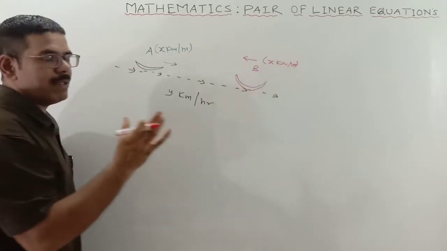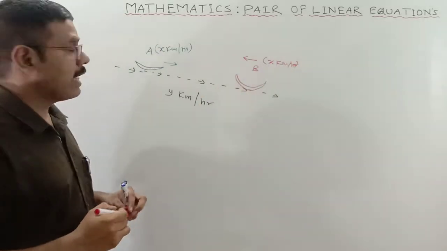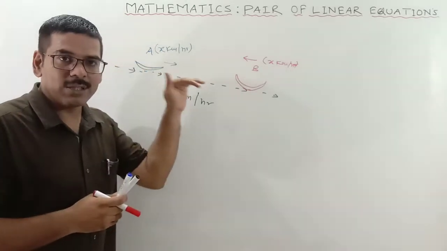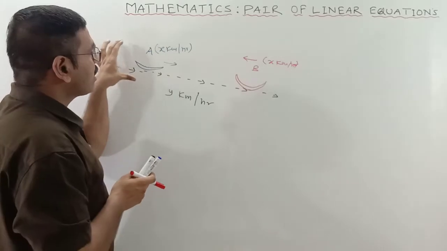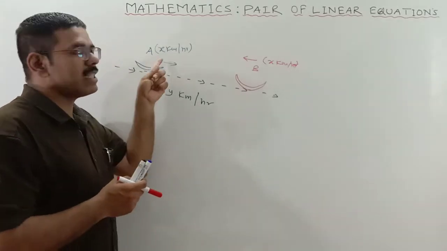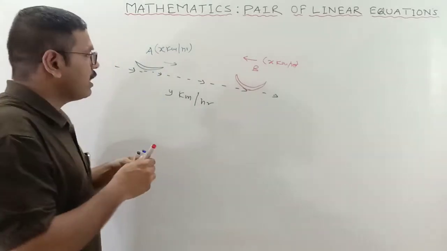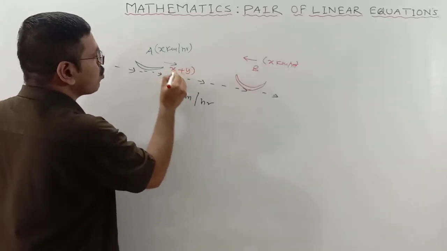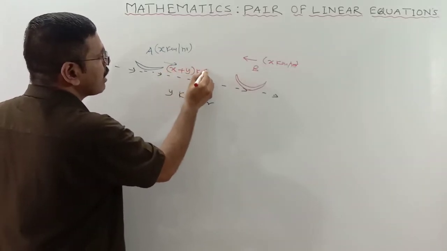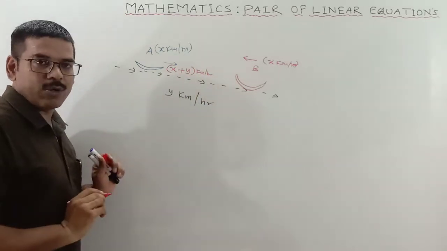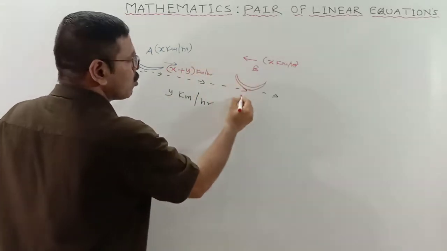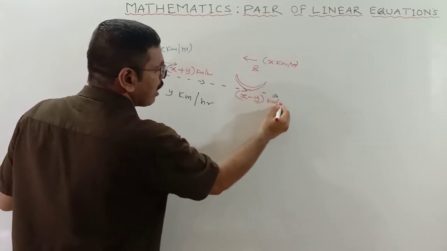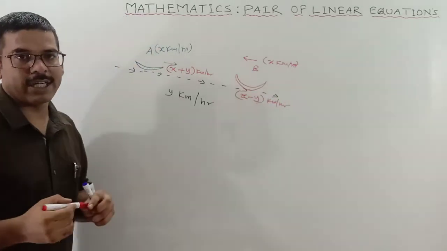So what will be the resultant speed? Exactly, here the boat is moving ahead. The speed of current is supporting the speed of boat, in the sense the total overall speed will be x plus y kilometer per hour. Is there any doubt? And in this case the total speed will be x minus y kilometer per hour. That we need to understand.